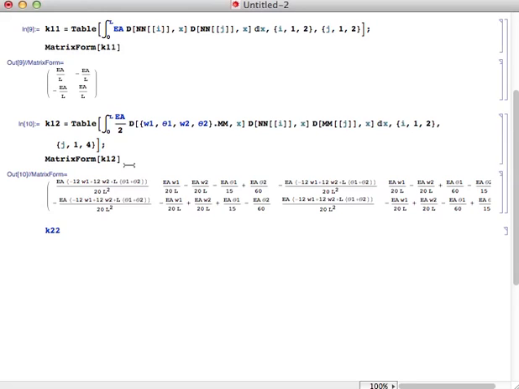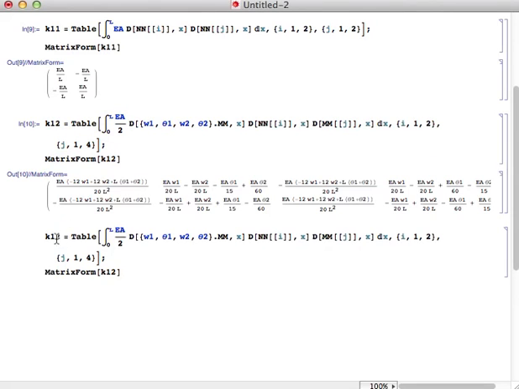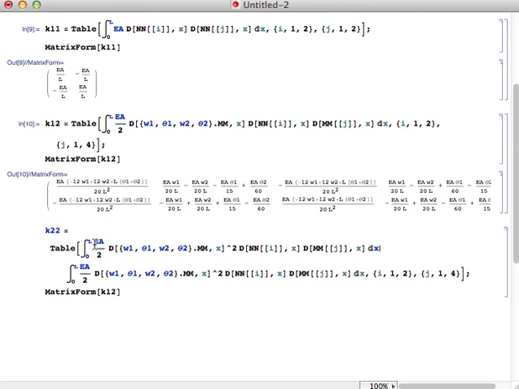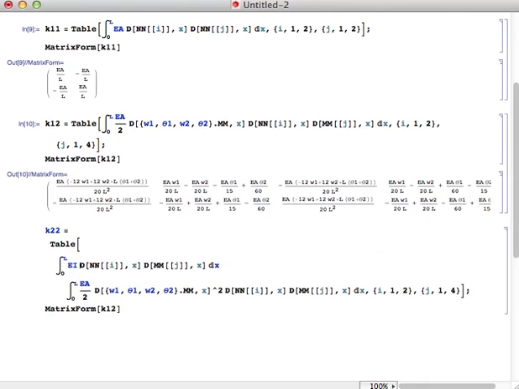Okay? So then K22, some of it's similar, so I'm going to rip this off. K22. This term now becomes squared. And then we have a whole other integral term. It's EI. This is gone.